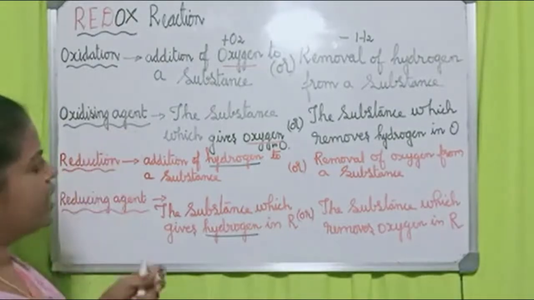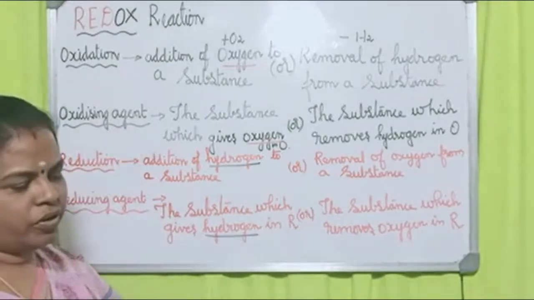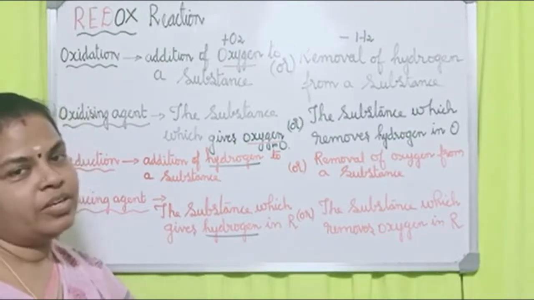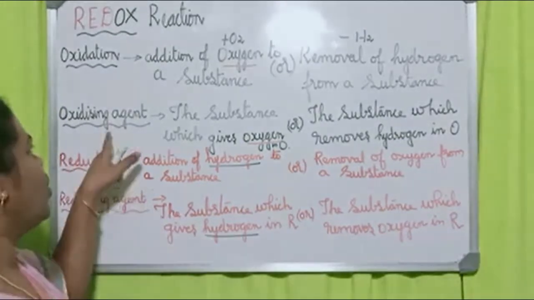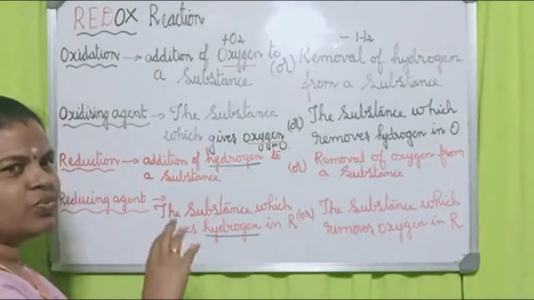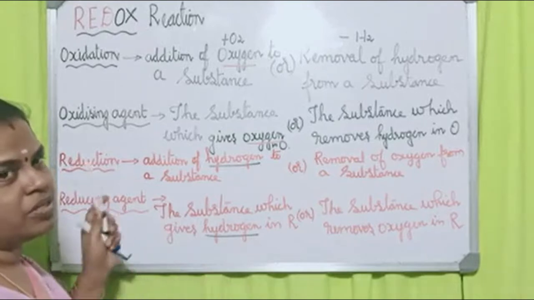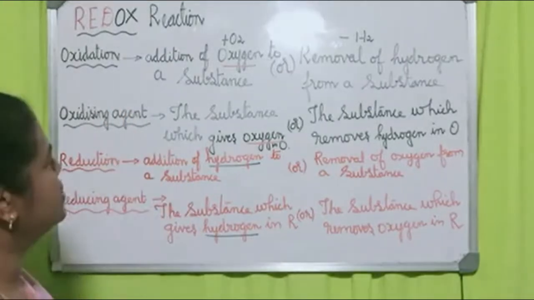What is oxidizing agent? You'd have heard about LIC agents, no? Find out what is their work. Now, oxidizing agent means it's a substance which gives oxygen. In the equation, we'll be seeing what is oxidizing agent, and how the oxygen is transferring.